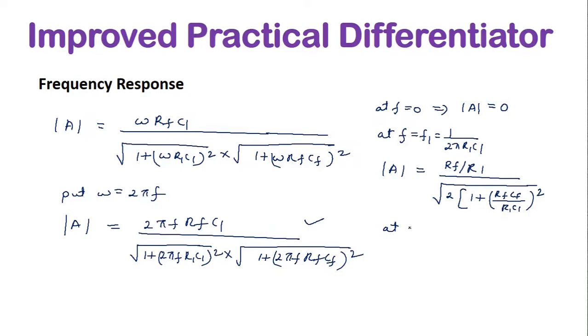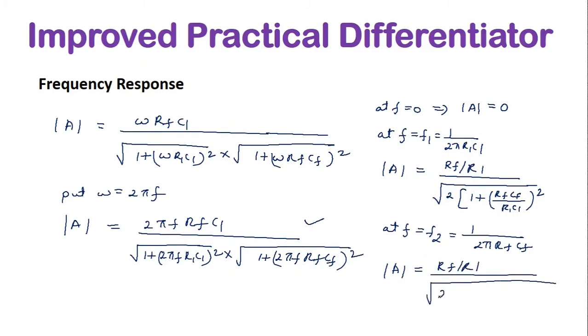Now at another frequency f is equal to f2, which is equal to 1 upon 2 pi RF into CF, the magnitude of gain is again equal to RF upon R1 whole divided by under root 2 into 1 plus RF CF divided by R1 C1 whole square.